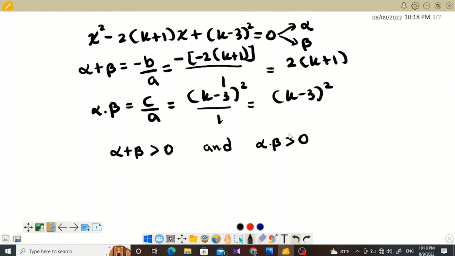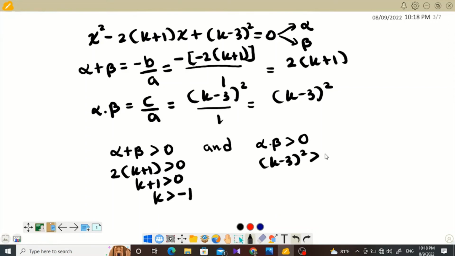So first I am going to find the k values for this inequality. For alpha plus beta, I got 2(k plus 1) greater than 0. I divide both sides by 2, then I obtain k plus 1 greater than 0. Then I get k greater than minus 1. And considering the product, I can take (k minus 3) squared greater than 0.